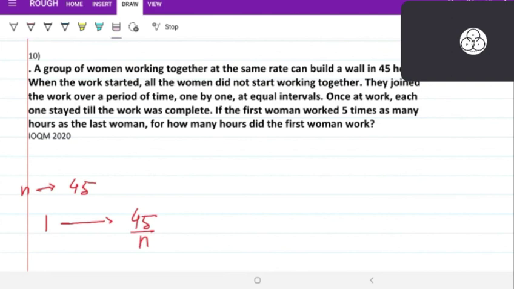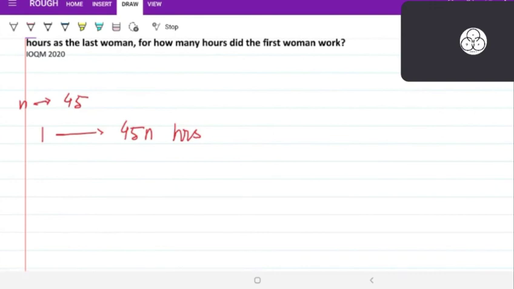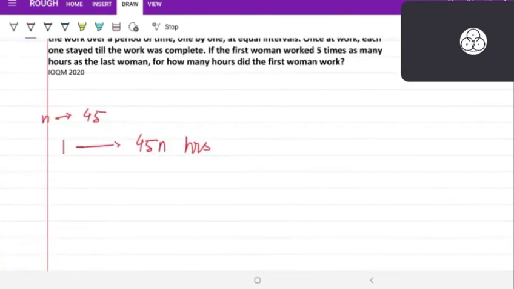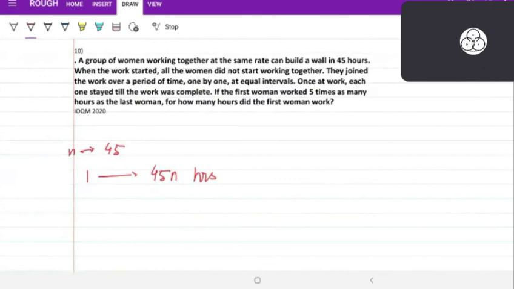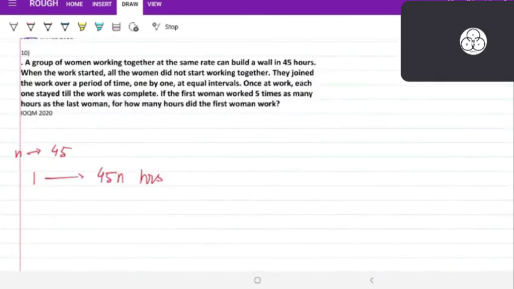No. One person can do the task in 45 into n hours.